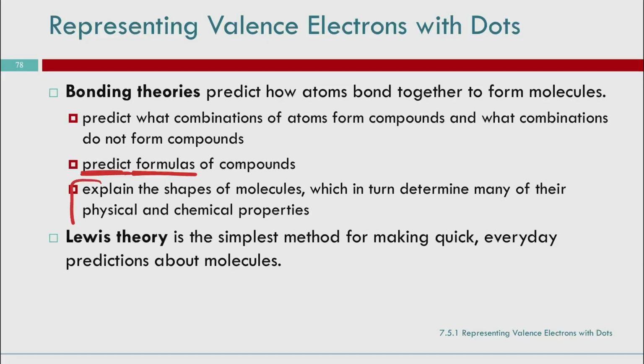And we'll also be able to draw shapes of molecules. And that's going to inform us about some other properties that are related to molecules and who likes electrons more.